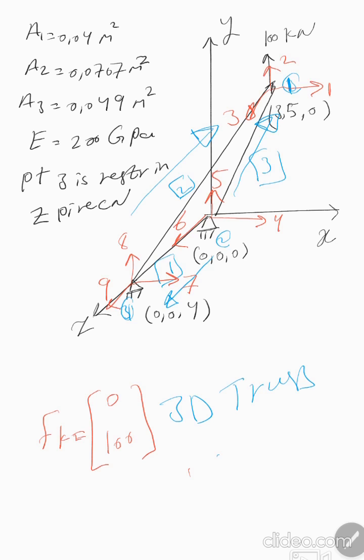For known displacement, let me write here, for dk: d3, d4, d5, d6, d7, d8, d9.